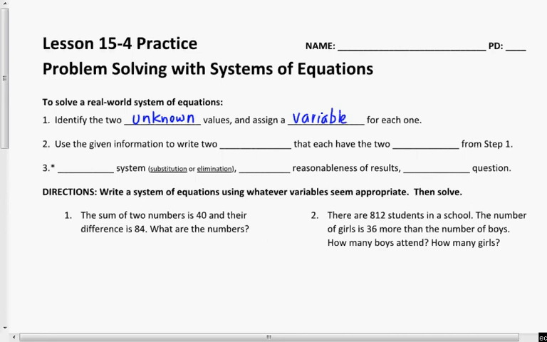Next, you'll reread the story and use the information that's given to write two equations that each have the two unknown variables, or the two variables from step one.